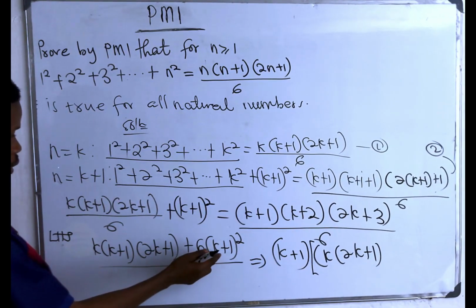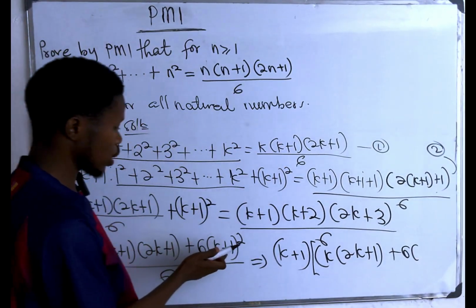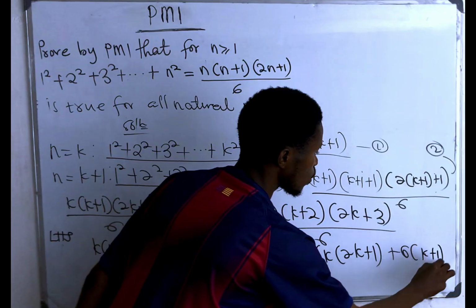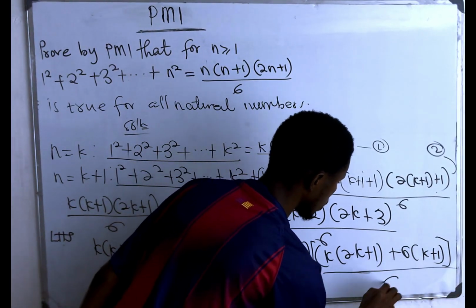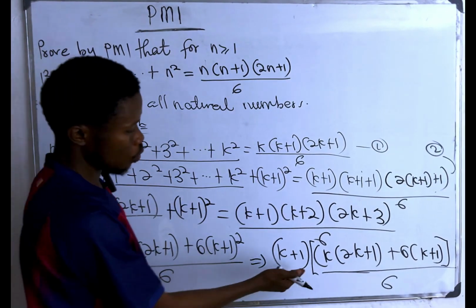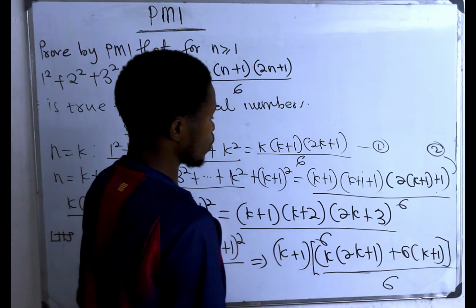Then here I have 6 bracket open. This is (k + 1) squared, so one (k + 1) is out, leaving (k + 1). And all this is divided by 6. You shouldn't forget that. It's divided by 6.